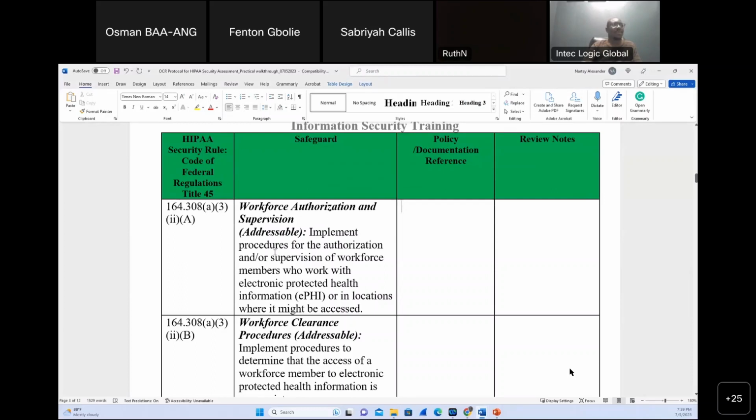It says: implement procedures for the authorization or supervision of workforce members who work with electronic protected health information or in a location where it might be accessed.